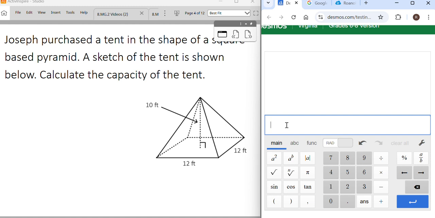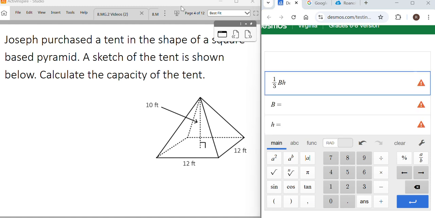So let's go ahead and type in the volume formula of a square-based pyramid. The sketch is shown below. Calculate the capacity, which means volume. Well, the volume formula for a square-based pyramid is 1/3 big B H.